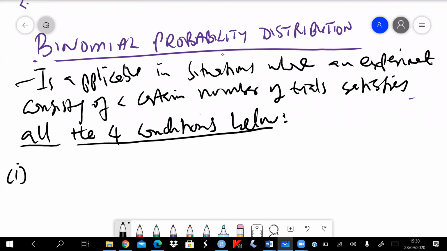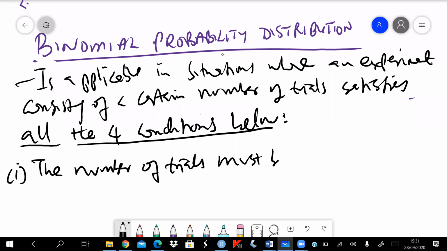Number one is that the number of trials must be fixed and finite. So we say that the number of trials must be fixed in advance. Before the experiment begins, you must know how many trials you are going to run.